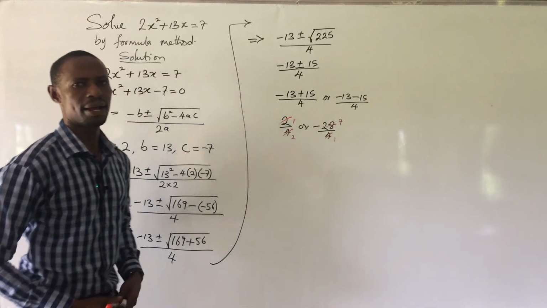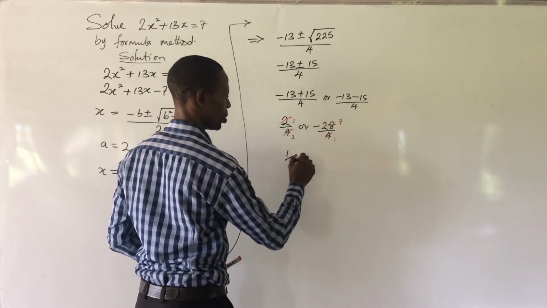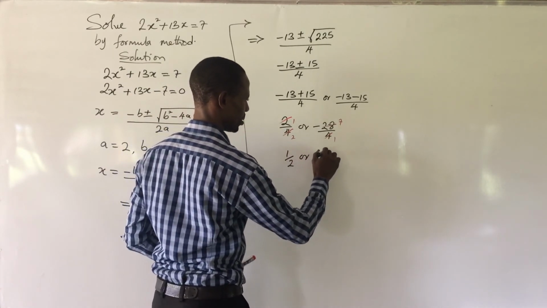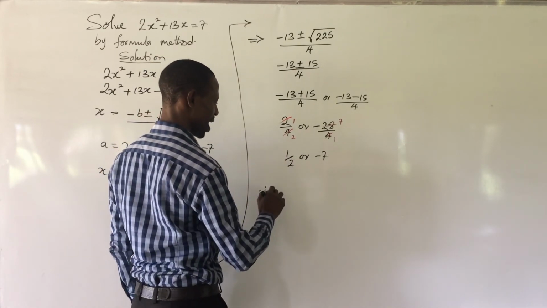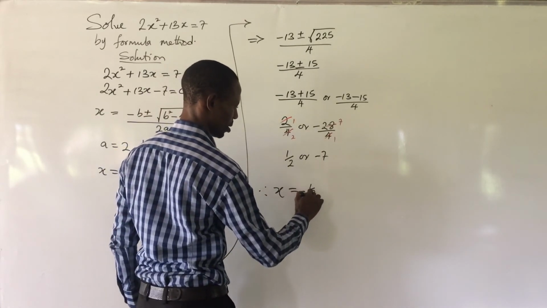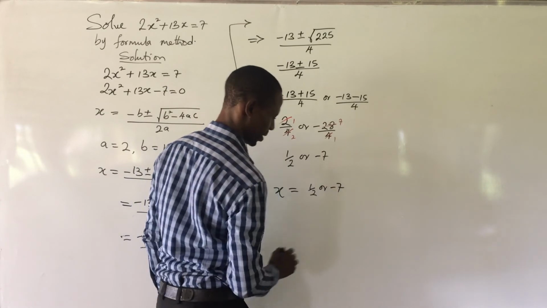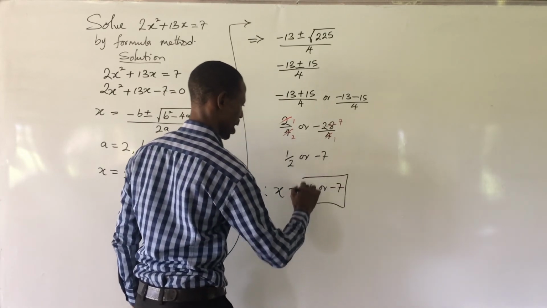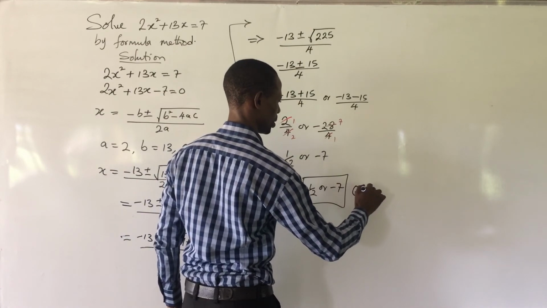So from here, we proceed thus 1 all over 2 or minus 7. So therefore, the values of x are 1 all over 2 or minus 7. These are the solutions to the quadratic equation.